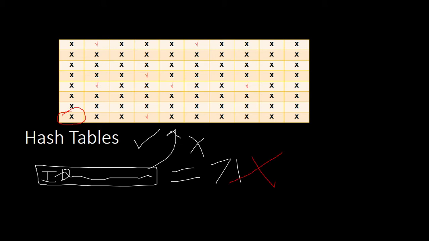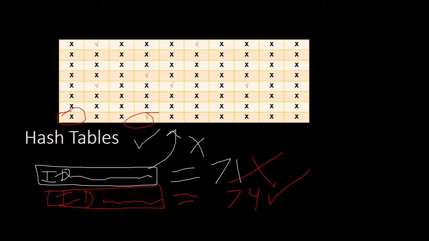That would not be a valid code. We maybe try another ID, and this time, let's say it maps to 74. It checks here. Is that valid? Yes, it is. That's a valid Bitcoin. Congratulations, you just made $7,000. So yeah, that's how a hash table functions, and that's how a hash table functions with Bitcoin.